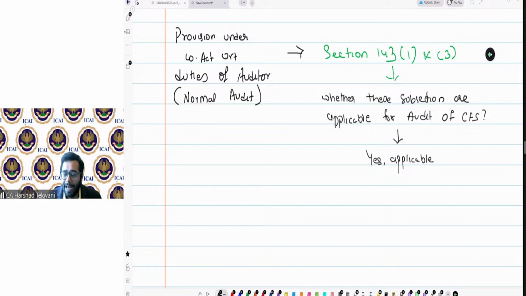Whereas section 129, which talks about the financial statement, has two types of financial statements specified. Number one, the standalone financial statement or separate financial statement under 129.1, and consolidated financial statement under 129.3. So both financial statements are there. Also, 129.4 talks about preparation, adoption, and audit.